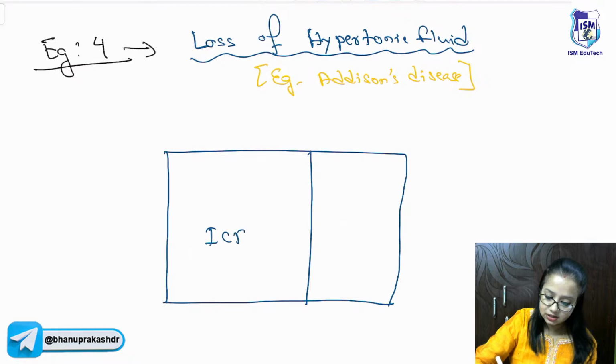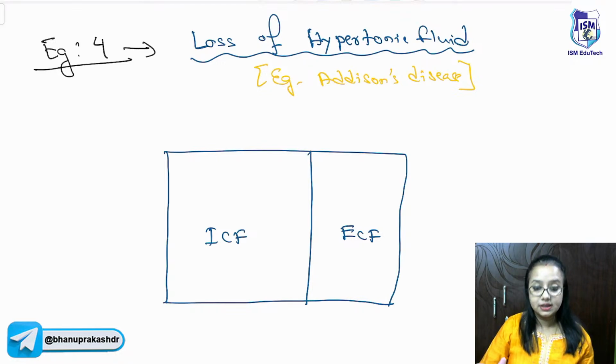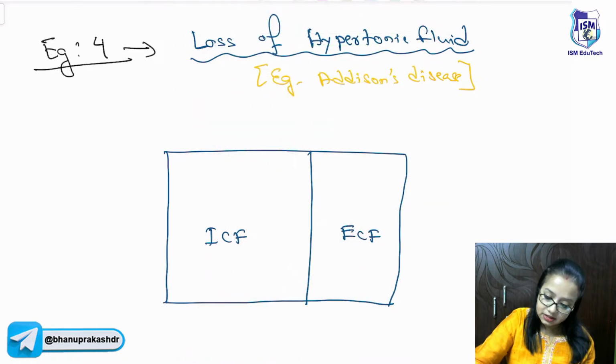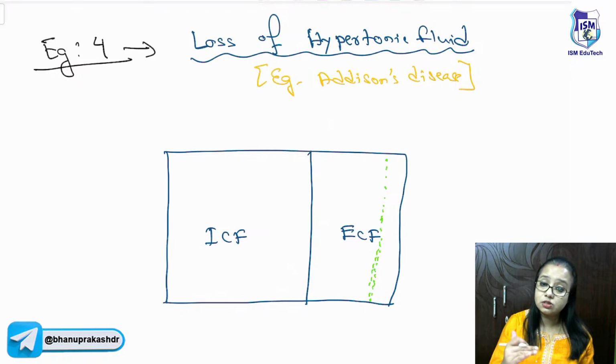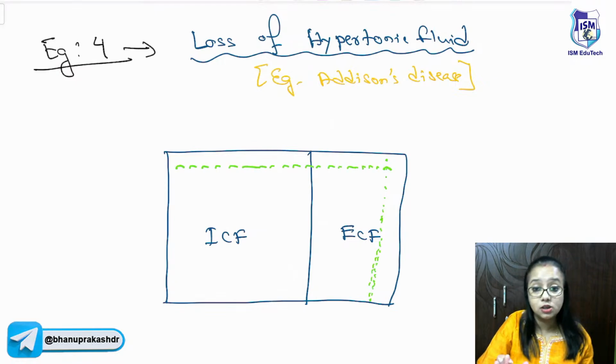This is our ICF, this is our ECF. Whenever there is loss of hypertonic fluids, for example, the body is losing NaCl, immediately what will happen? There will be decrease in the volume of the ECF. Not only that, because it is losing osmotically active substances, there will be decrease in the osmolarity also.